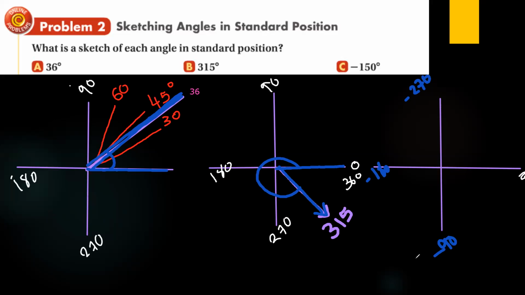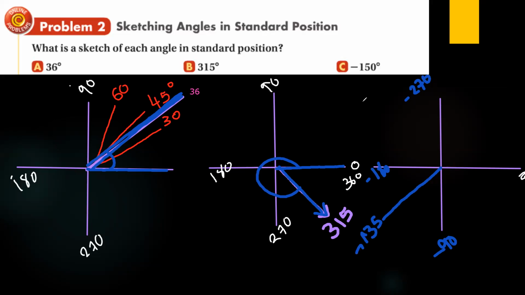Now 150. It means that they are between negative 90 and negative 180. If you divide them here, 180 plus 90 is 270, over 2 is 135. So that means that the angle here in the middle is 135. But what did I want? I want negative 150.